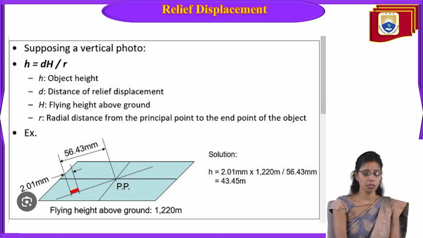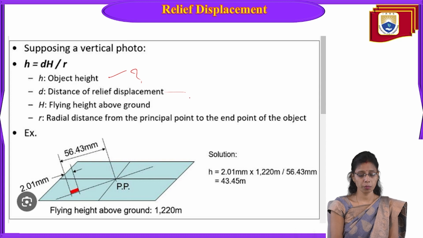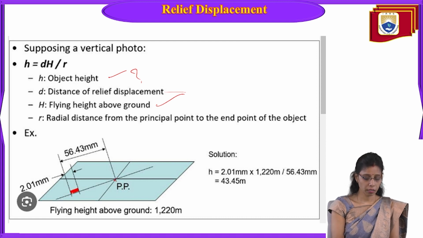So here h is equal to dH by r. h is the object height, which we have to find out. d is the distance of relief displacement, and H is the flying height above the ground. r is the radial distance from the principal point to the end point of the object. For example, this is the principal point, and this is the object we have to measure. Top to base is 2.01 mm, and the radial distance is 56.43 mm.